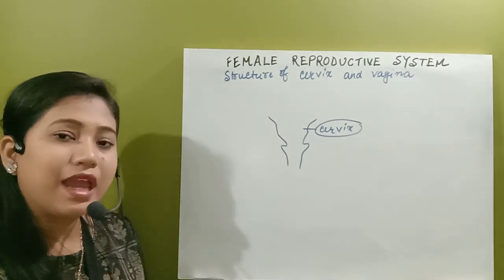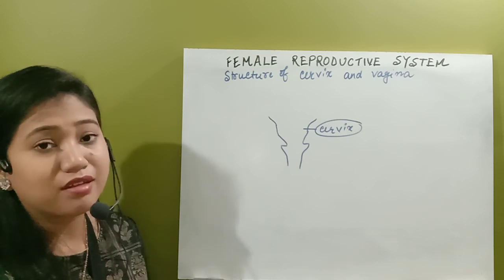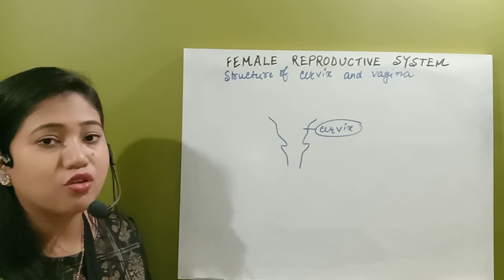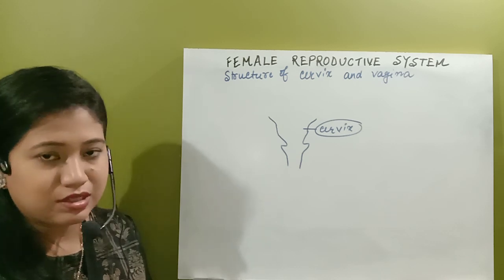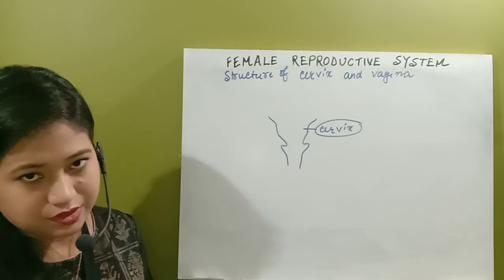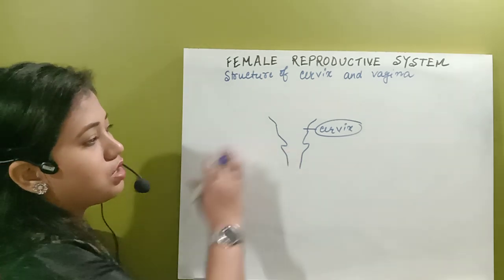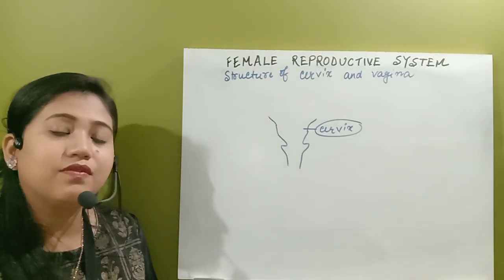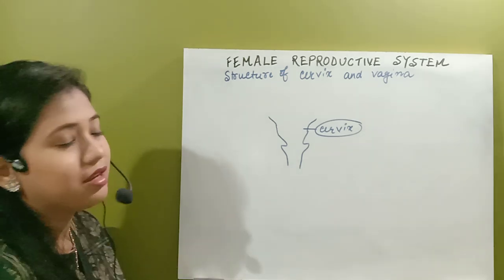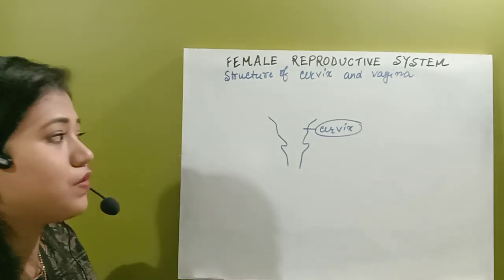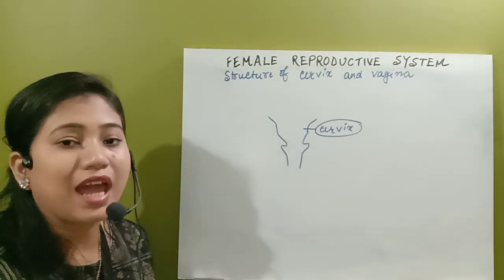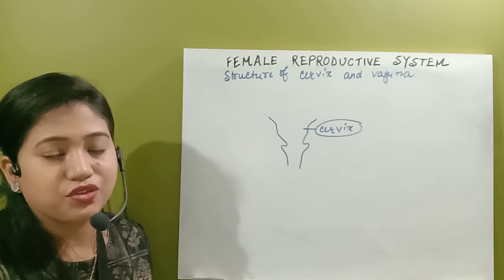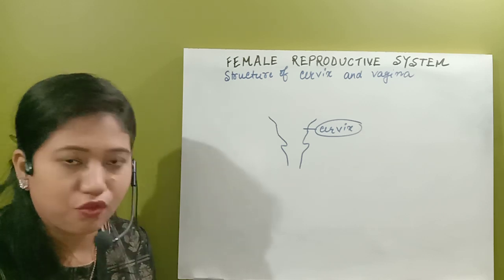Above the acrosome of the male gamete we had a glycoprotein layer, because of which the sperm does not release its enzymes inside the male reproductive system. But whenever it reaches the female reproductive system, it has to be activated, and this activation is carried out by the cervix region. So this cervix will help in the removal of this glycoprotein layer from the sperm, and that process is known as capacitation or the capacitation reaction.